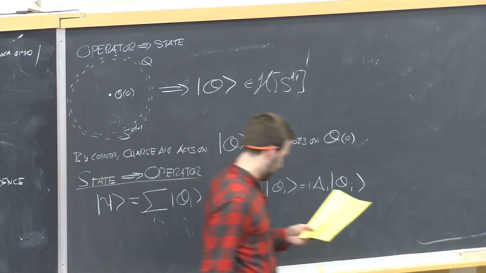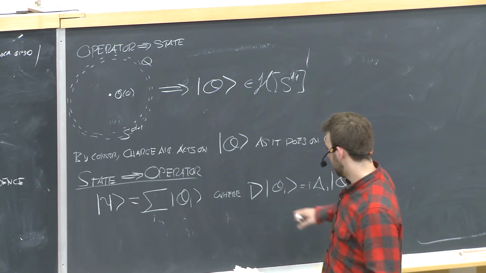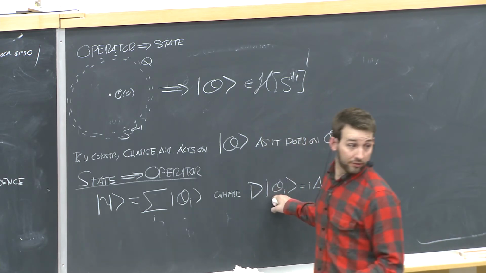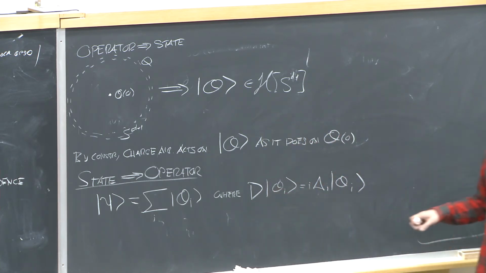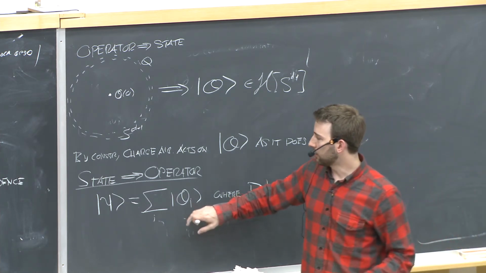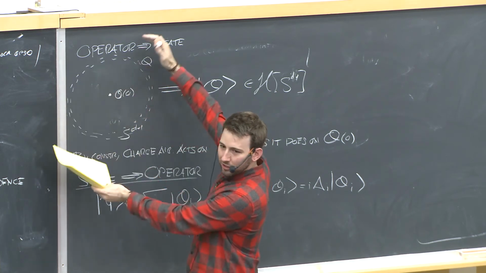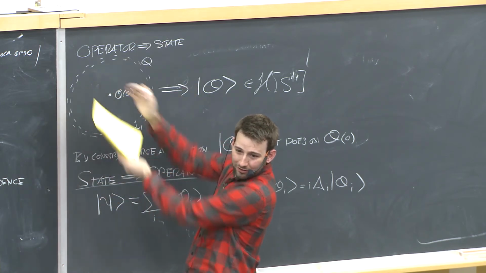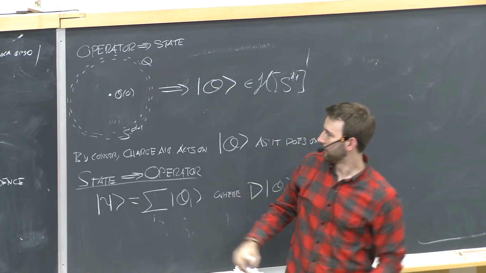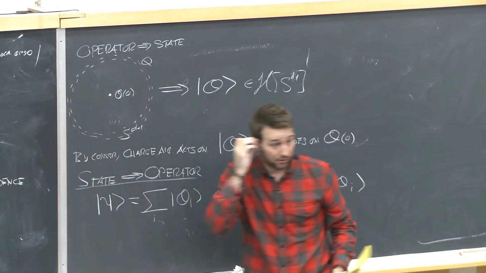And now, the slightly tricky claim is that for each state appearing in this sum, I can now do an inward path integral evolution from the state out here back to here.